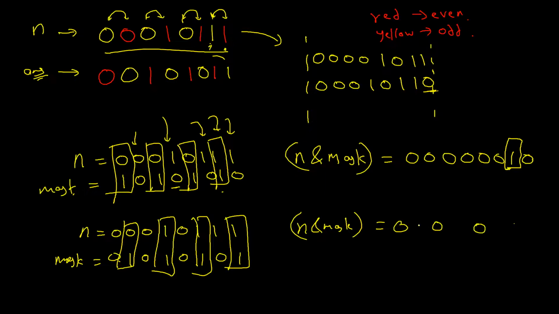But at this position, you'll be getting exactly what is present. So यहाँ पे you'll be getting 1, यहाँ पे you'll be getting 1, यहाँ पे you'll be getting 1. So I kind of used it like a filter to get all the even bits. देखो, you only have all the even bits here. You can see only red values है ये सब. And यहाँ पे you only have all the odd bits using these filters.